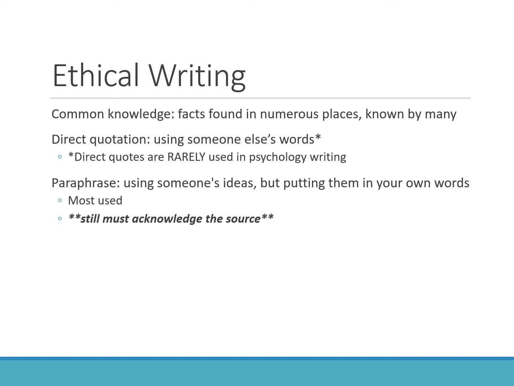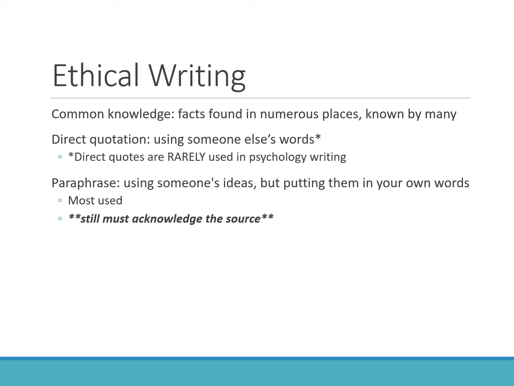What we use instead is paraphrasing. With paraphrasing, we are using somebody else's ideas, but putting them into our own words. This is a skill that you really will use the most and need to work on when incorporating sources into your writing. Putting someone's ideas in our own words is the skill of paraphrasing.